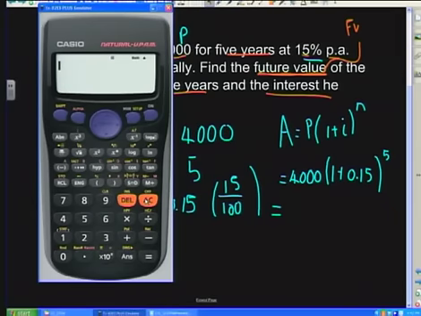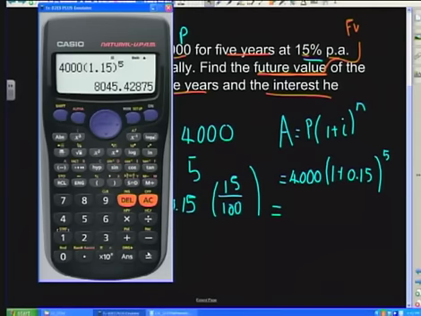Let's have a look at what we get there. So it's going to be 4,000 in brackets 1.15, and this is all going to be to the power of 5. And that gives us 8,045 Rand and 43 cents.